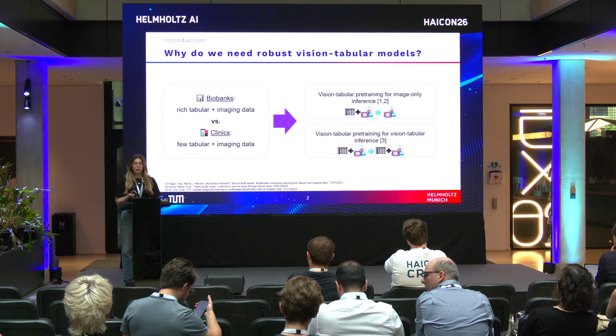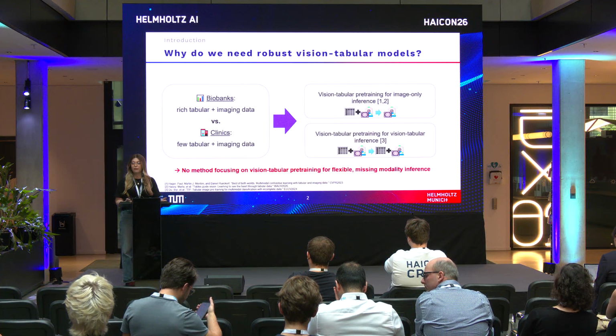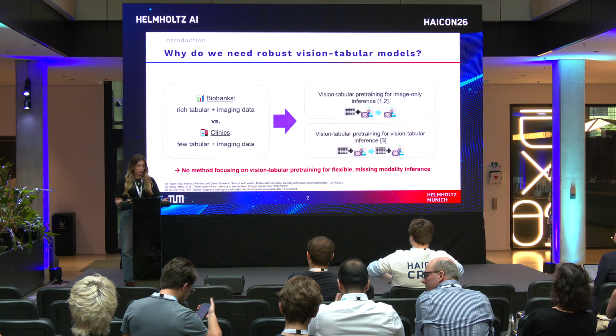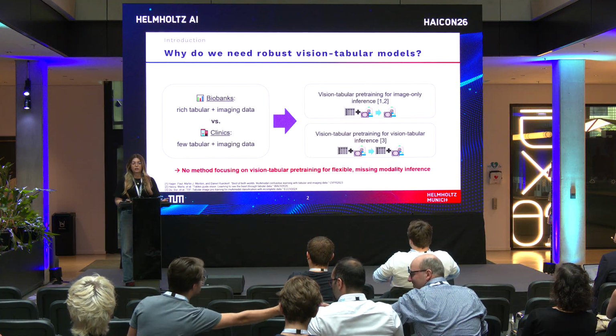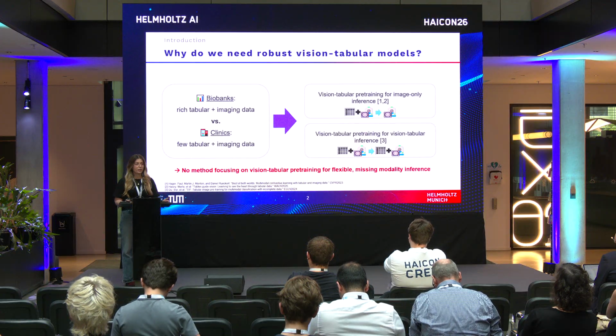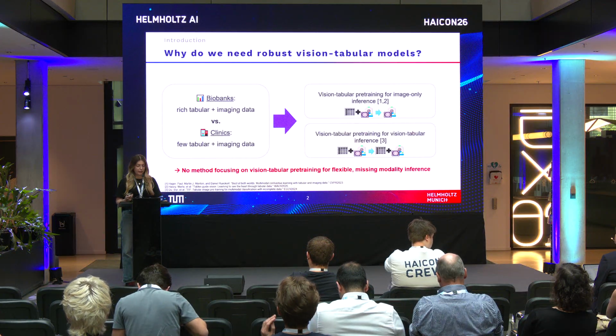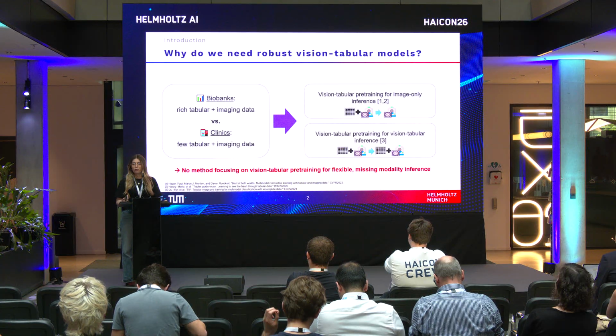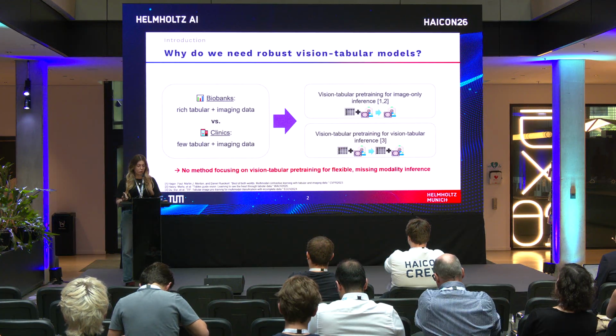But from this, what we have realized is that there is no connection between these methods. So pretty much you either have to only use images at inference, or you are kind of forced to have both images and tabular data. But there is no unified model that would allow you to do both and also do it with some nice performance.